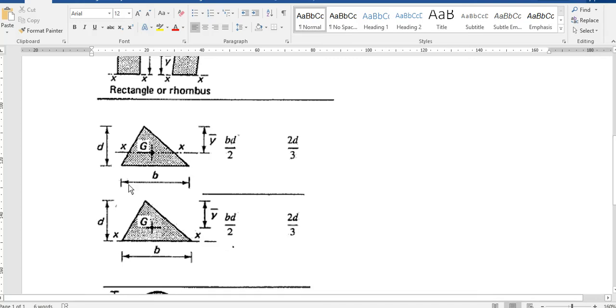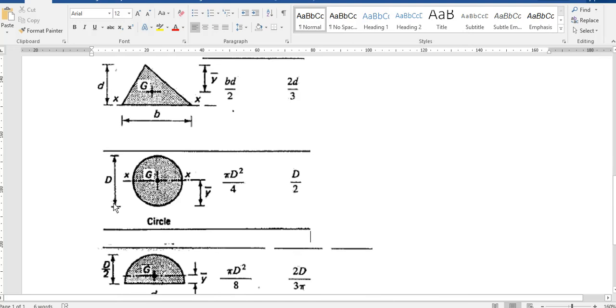In a triangle, the distance from the centroid to the topmost point is 2/3 D, and the distance from the centroid to the base is D over 3, or 1/3 D. So 2/3 D plus 1/3 D makes one full depth, but we will generally go with 1/3 from the bottom.